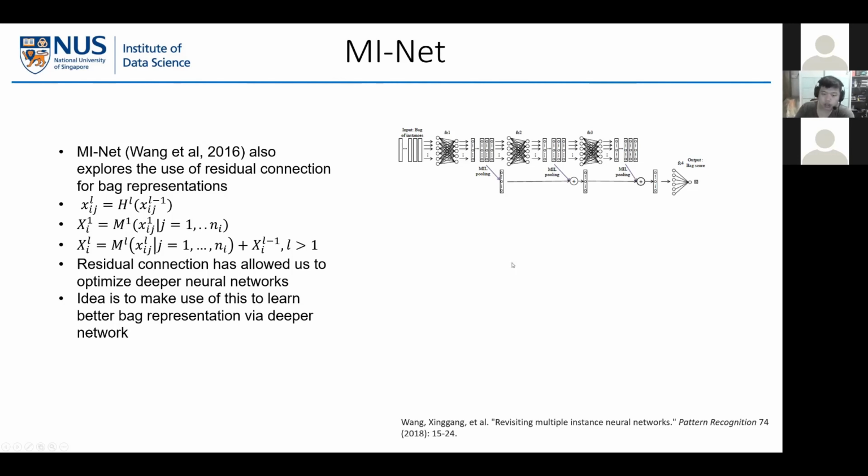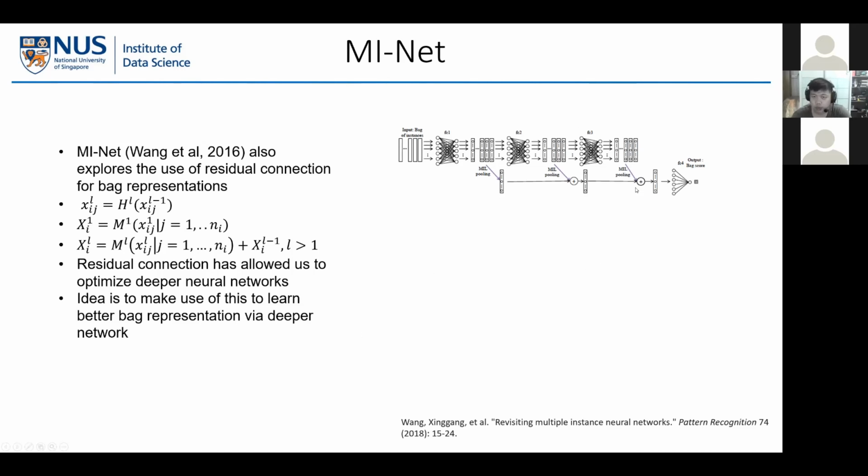Another neural network architecture that is very popular is of course the ResNet, the one with residual connections. This has been found to be good because it allows people to train very deep networks, since with the residual connection you allow the gradient to flow better.